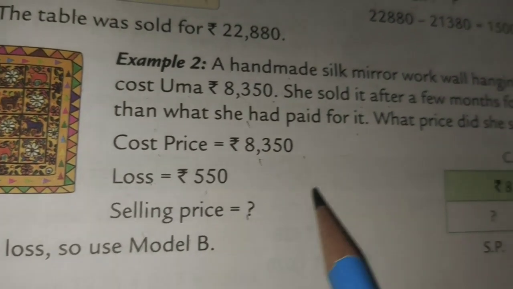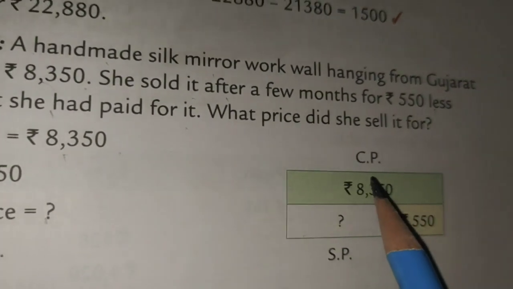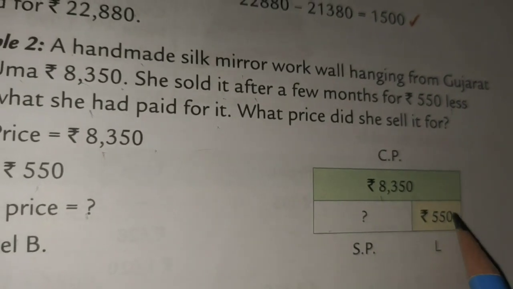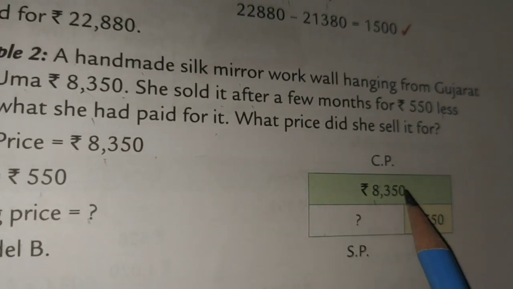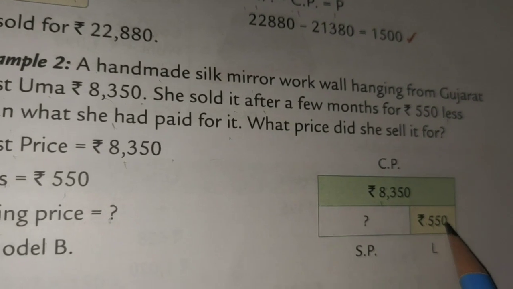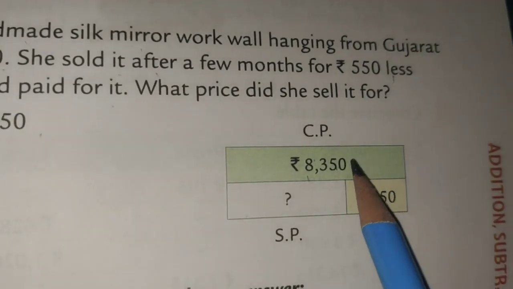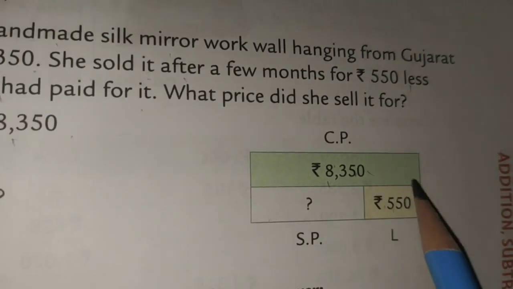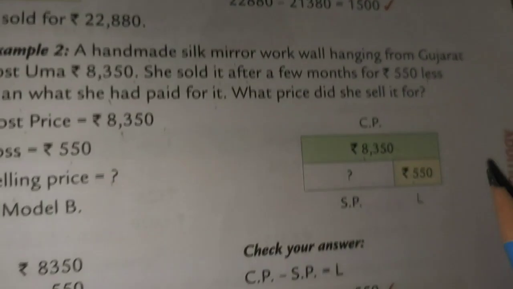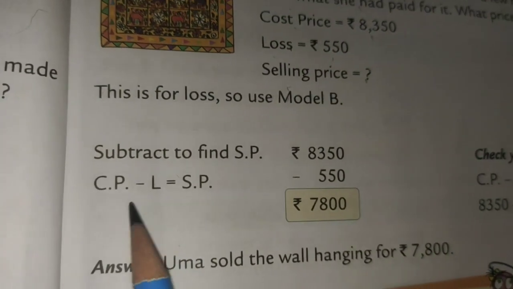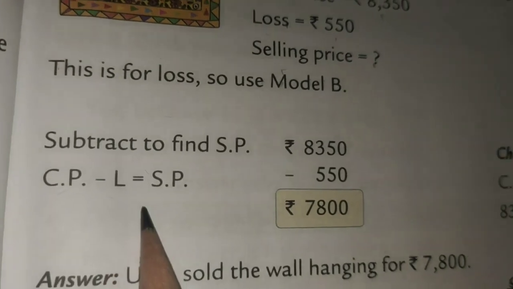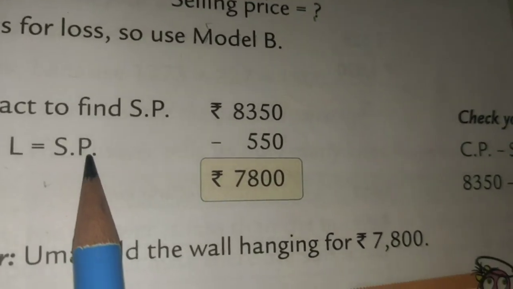Selling price. Now again, whenever loss is given, what do you have to do? Subtract. From the greater number, you have to subtract the loss. So cost price minus loss gives the selling price.